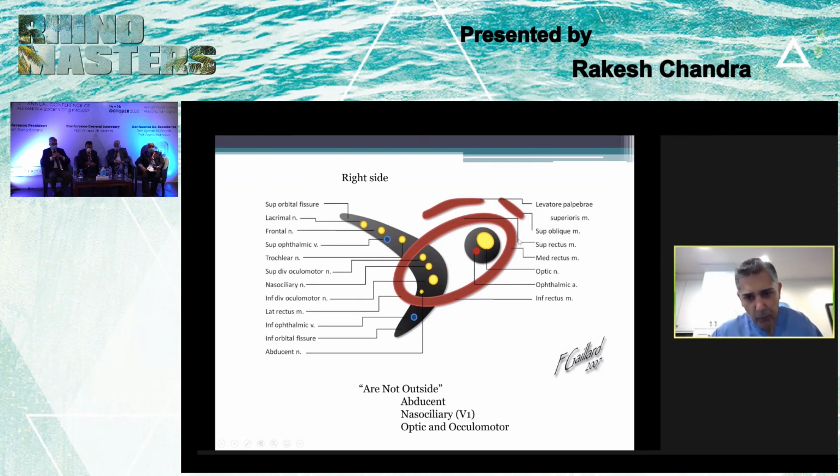But typically, once we encounter the soft tissues underneath the optic canal bone, we stop at that point unless there's already full-on blindness. One of the exam questions for students here is what's included within the annulus of Zinn, and I remember the mnemonic "are not outside." These structures are not outside: the abducent nerve, the nasociliary nerve, as well as the optic and oculomotor nerves.